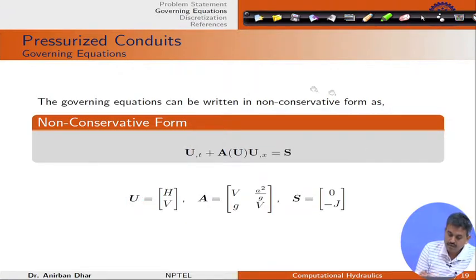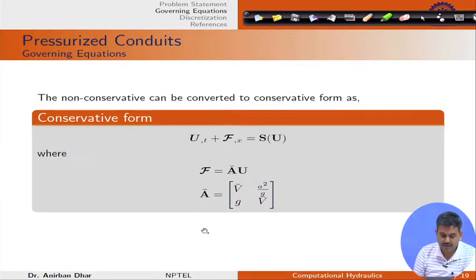Now, this non-conservative form can be converted to conservative form with this approximation, where A bar is the average velocity or approximated velocity, A bar and V bar, and we can use this approximated conservative form for solution of unsteady flow in pipes.